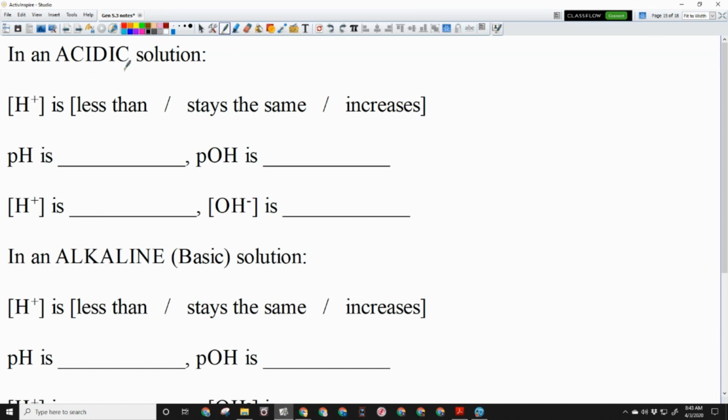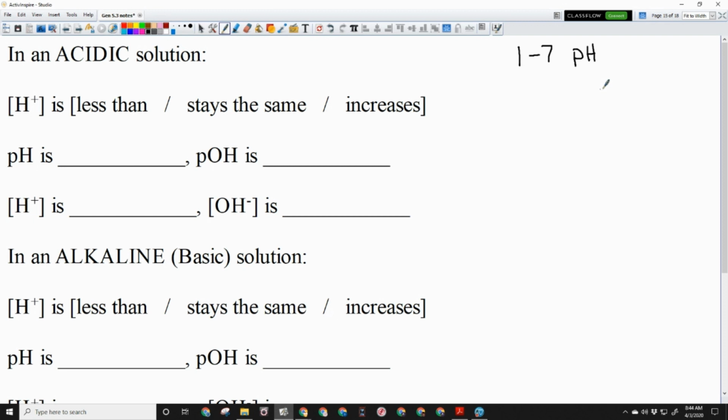All right. So I'll pause the video here and write this down. In an acidic solution, so we're thinking about a solution that is pH 1 to 7, the concentration of hydrogen ions is less than, stays the same, or increases. Well, since acid and base is measured by the hydrogen ion concentration, the more hydrogen ions you have, the stronger the acid.